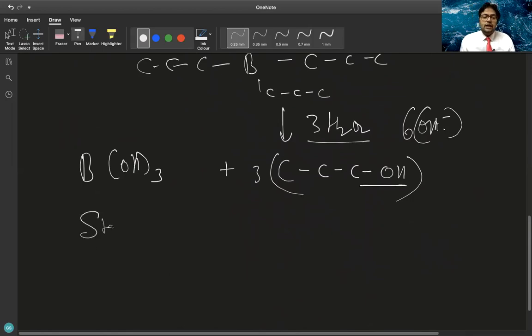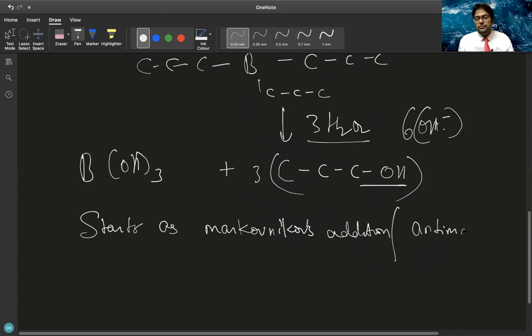So we're getting a product similar to anti-Markovnikov addition. So it starts as Markovnikov addition, but will give you a product of anti-Markovnikov. Fine.